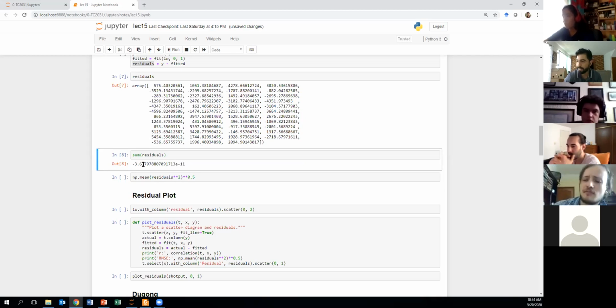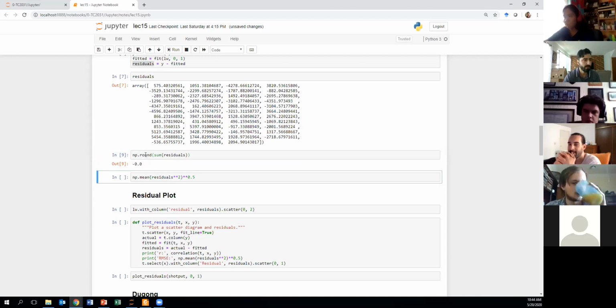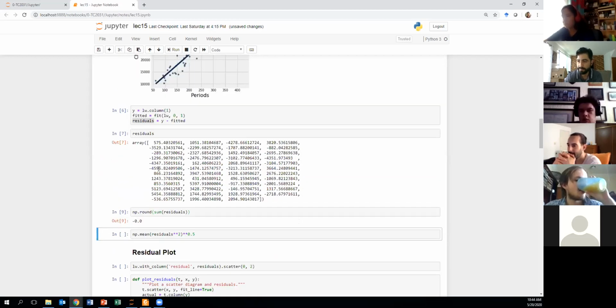If I round it, I get 0. But the Python shows it in a slightly weird way. So if you add all of them, you get 0.